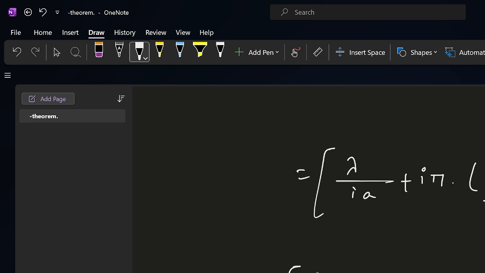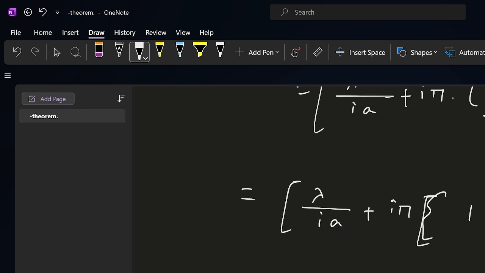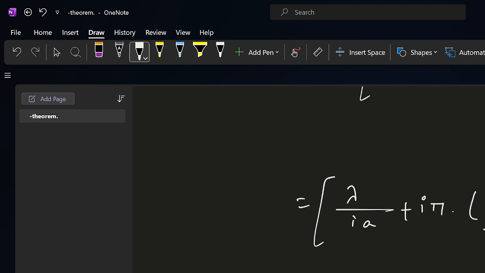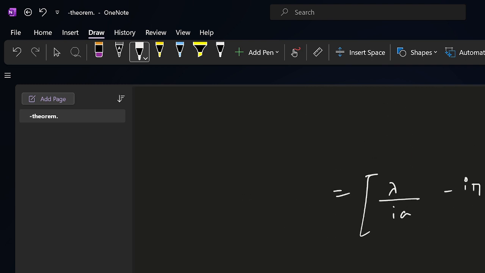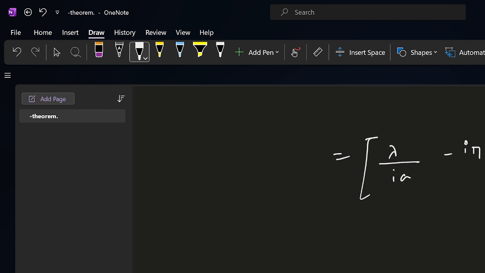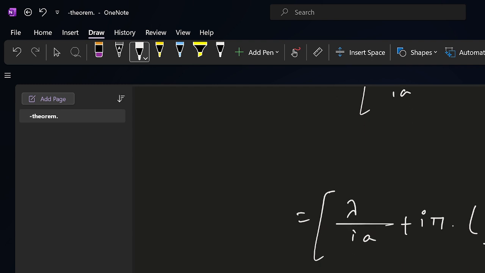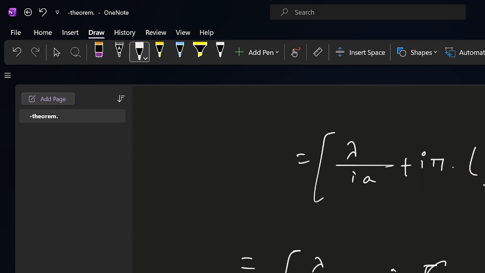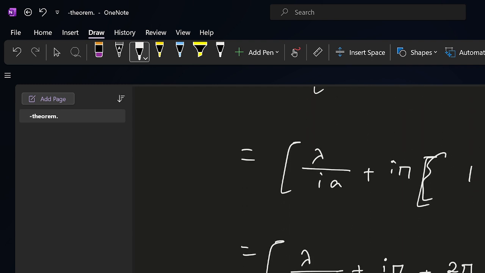Okay, if you take out all the terms in the bracket, then it is i pi plus 2 pi i by e to the power of 2 pi a by lambda minus 1. There can be a mistake here and there because it is a derivation, so if I miss some part in some step, just let me know.